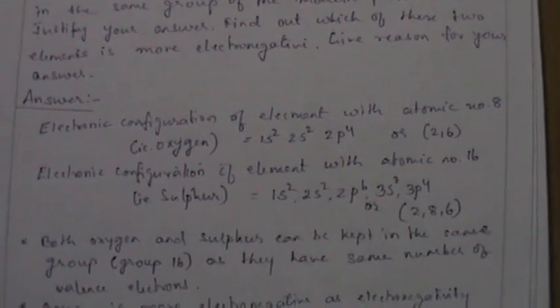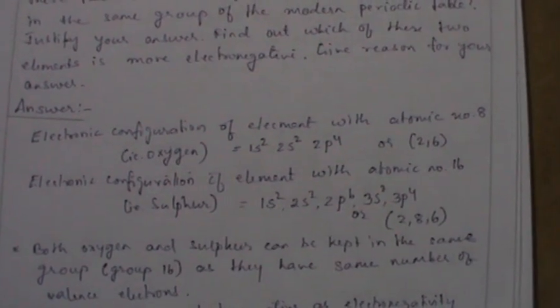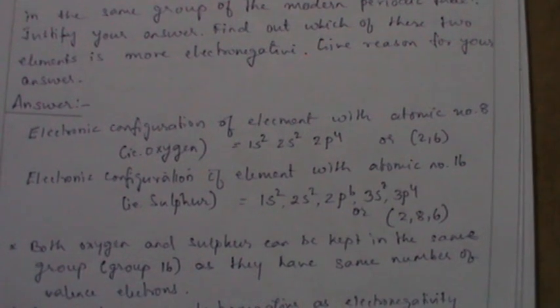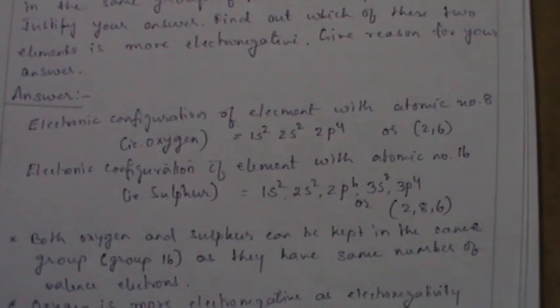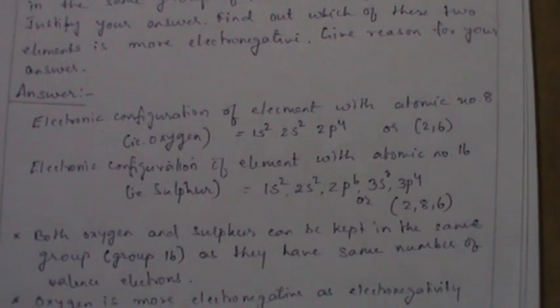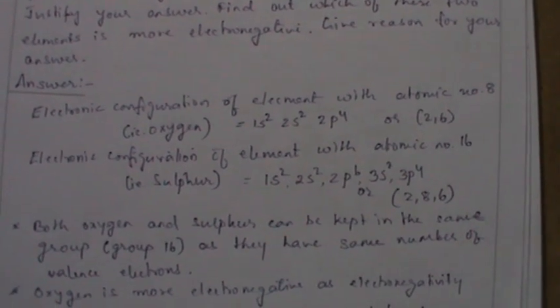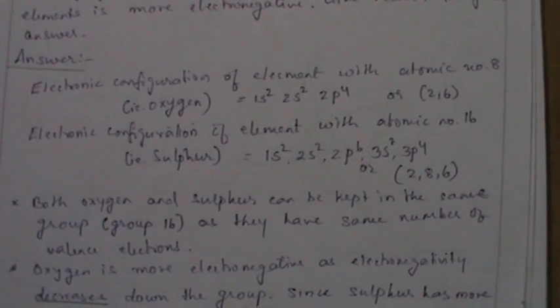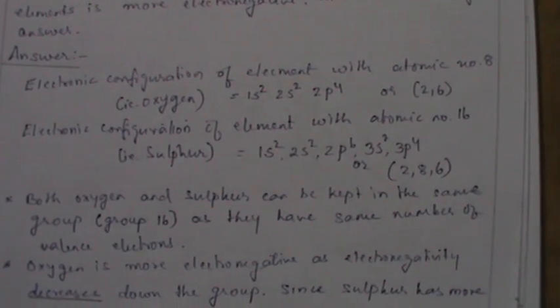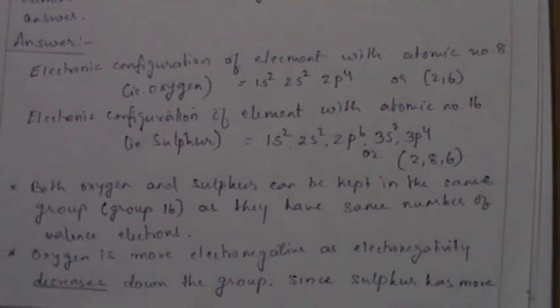Answer. Electronic configuration of element with atomic number 8, that is oxygen, is 1s2, 2s2, 2p4 or 2, 6. Electronic configuration of element with atomic number 16, that is sulfur, is 1s2, 2s2, 2p6, 3s2, 3p4 or 2, 8, 6.